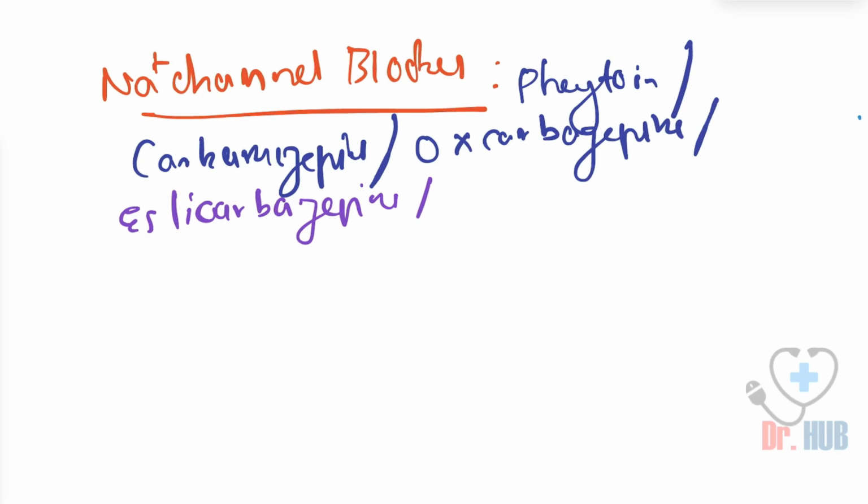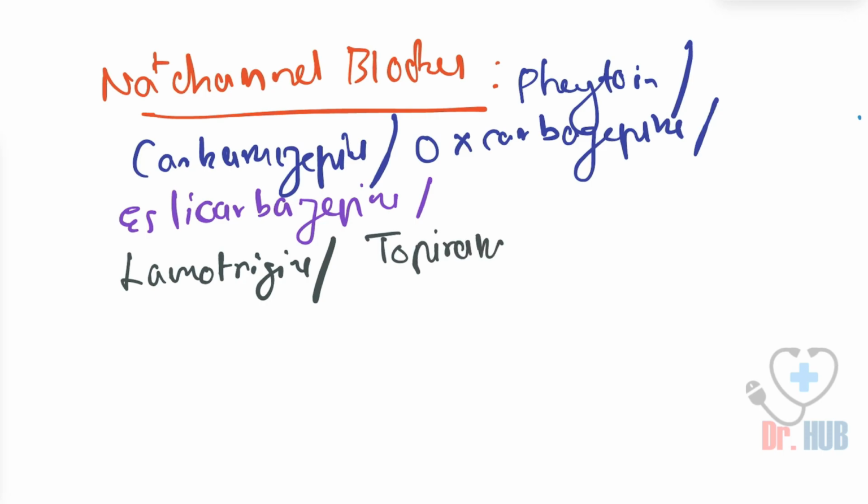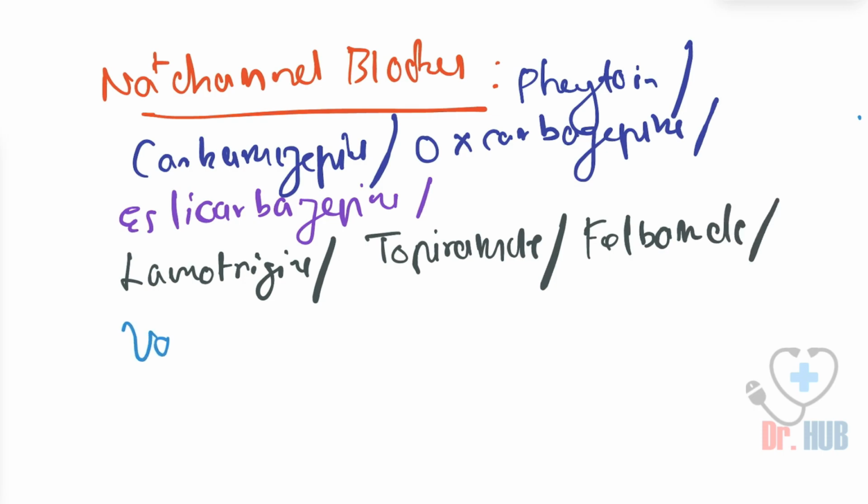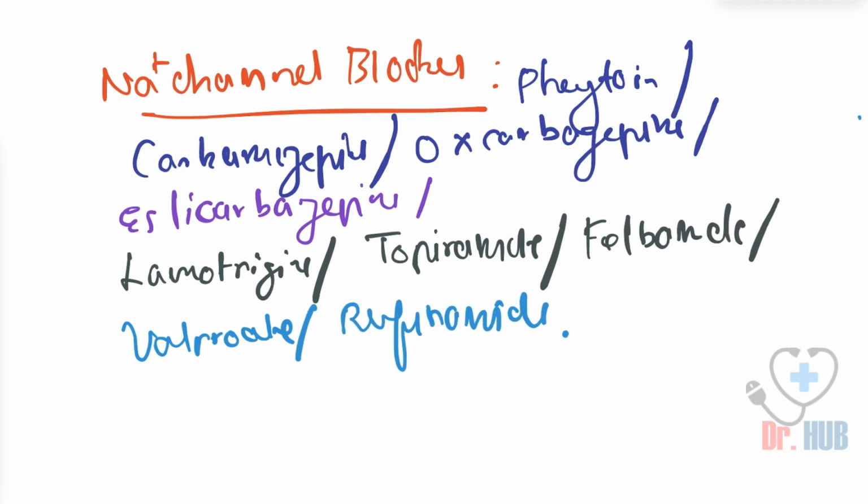Then as we move on, there is also lamotrigine, topiramate, felbamate, then also valproate and rufinamide. So they are under the sodium channel blockers.